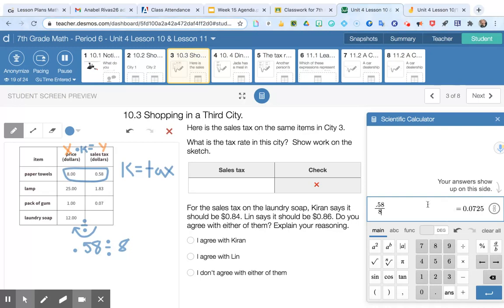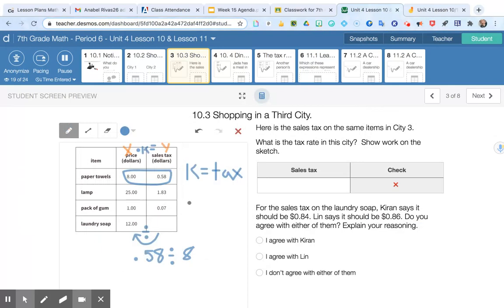I get 0.0725. So my multiplier is 0.0725. But it wants to know the sales tax as a percent. So that's my multiplier, but I want to make it a percent. So how do I convert it to a percent?